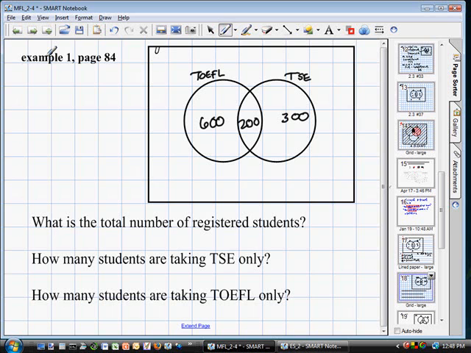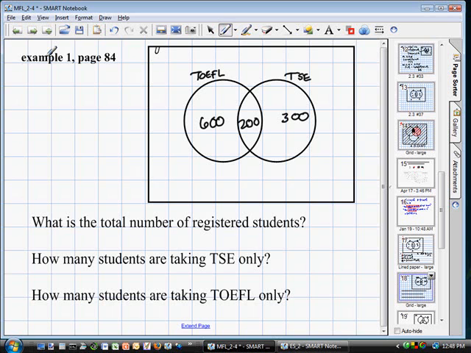So now I'm using numbers in a little different way. We're actually using the counts. So, can you tell by looking at this the answer to these questions? What this is saying is 600 people took this TOEFL test only.